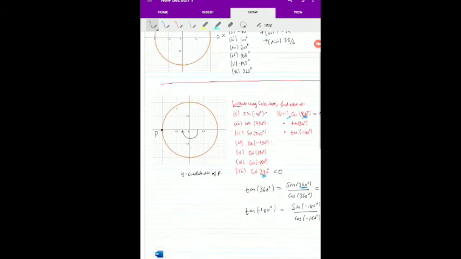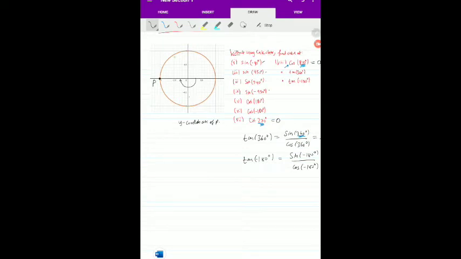Alright, so now let's get to a little bit more tricky angles instead. What if I want to calculate sine of, let's say, 210 degrees? What would that be equal to? Well, first question, as always, is what point on the unit circle represents 210?